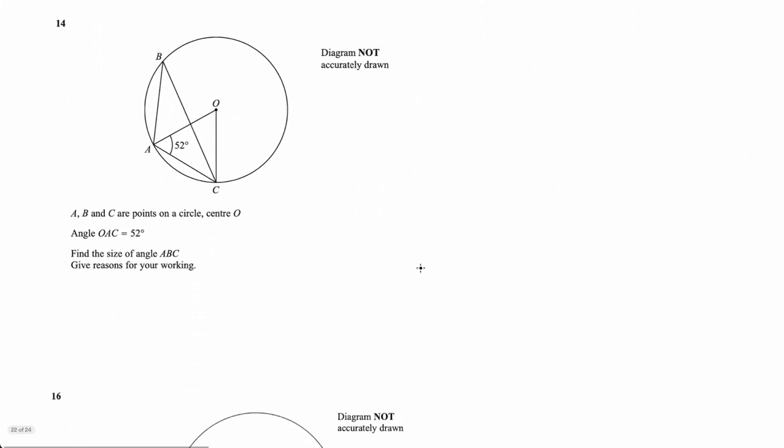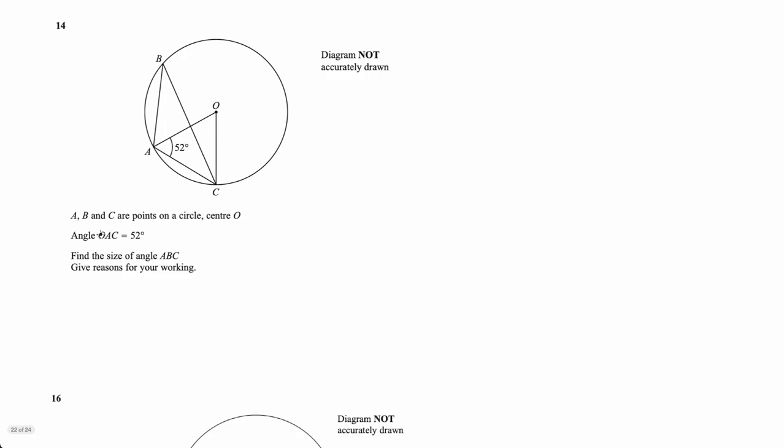Okay, next one. Again, annoyingly, he said give reasons for your working, so we're going to have to do that. This is 52. We're trying to find out ABC. So we're trying to find this angle here. I'll call it X, and I'll put that there.